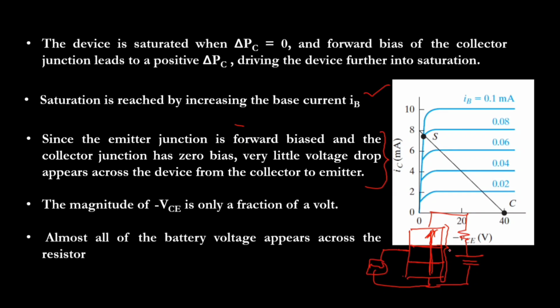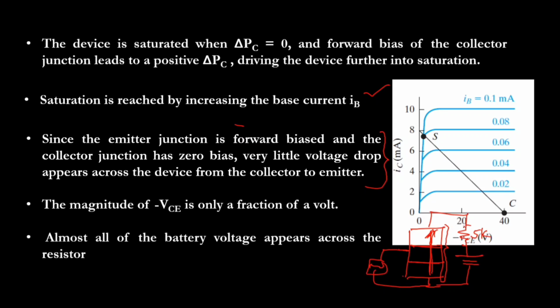You can read the entire voltage across this 5K resistor. That means this is completely turned on, so you cannot read any voltage across the BJT, and the entire voltage you can read across this small resistance.